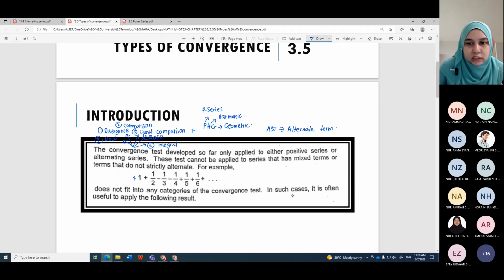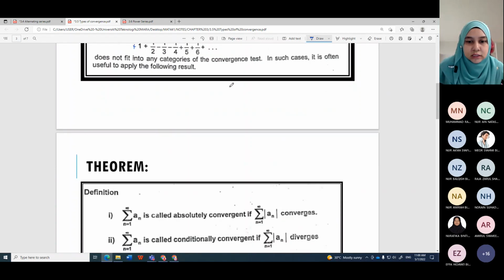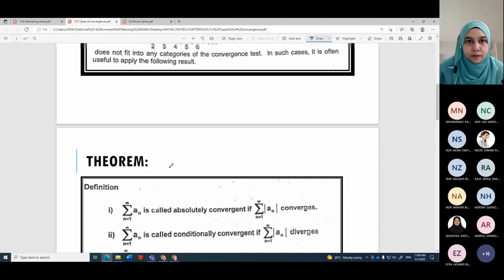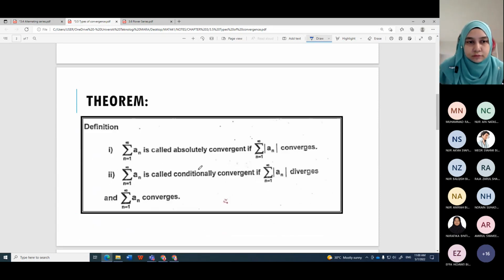Okay, in such case, it is often useful to apply the following result. Okay, so we use these types of convergent tests or this theorem, okay, to prove the convergence of these mixed terms. Okay, so you can refer this theorem.